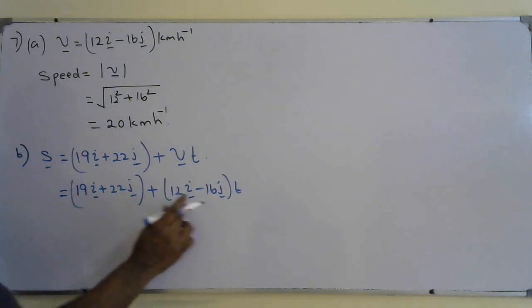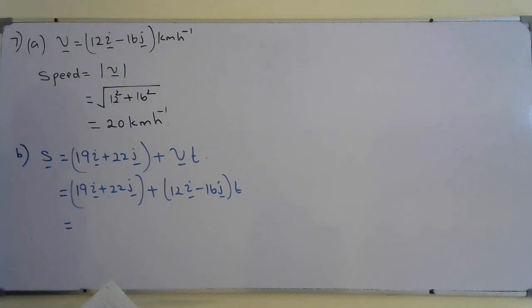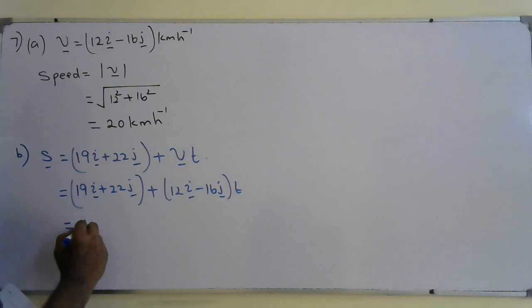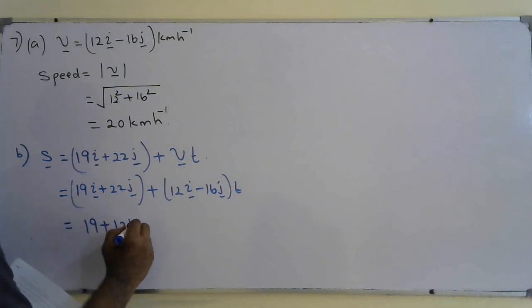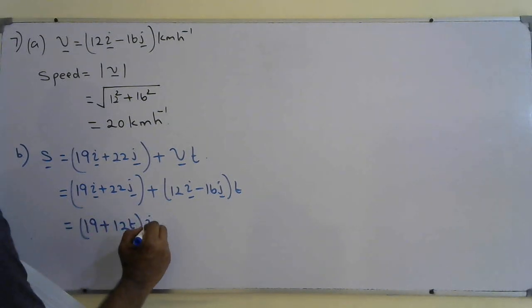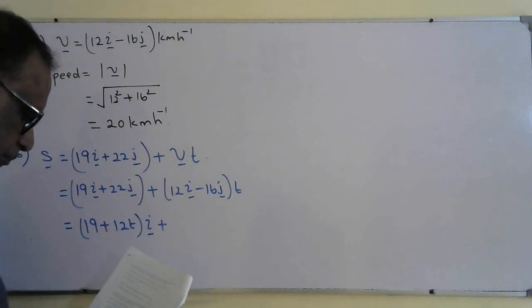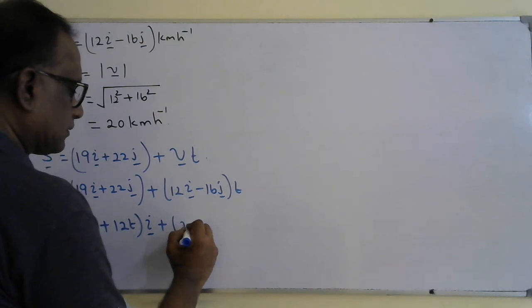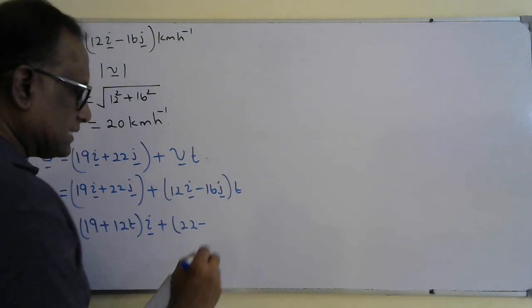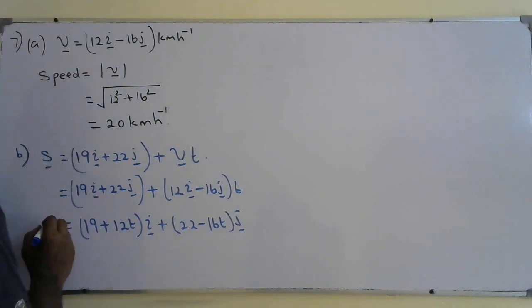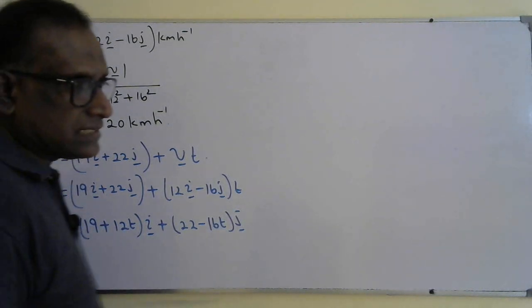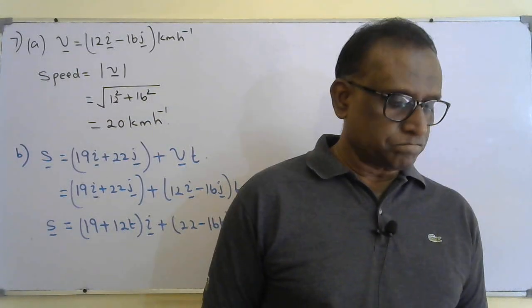Solve it. If you take i common, you will get (19 plus 12t)i plus (22 minus 16t)j. This is the position vector of the ship S at time t later.